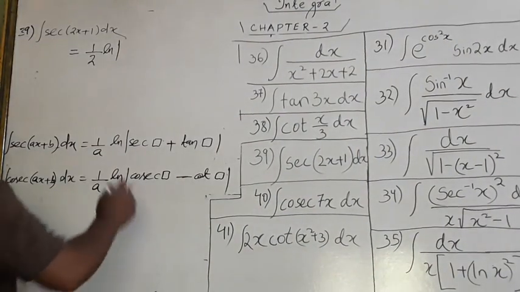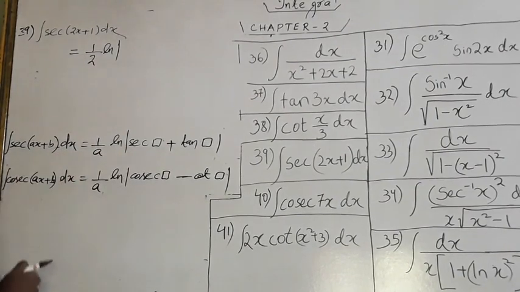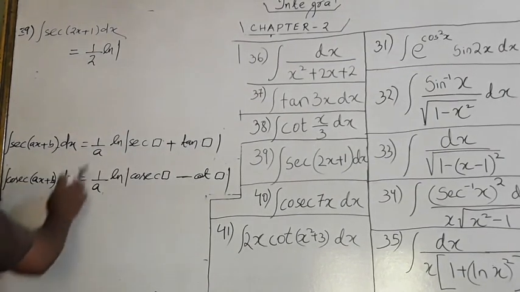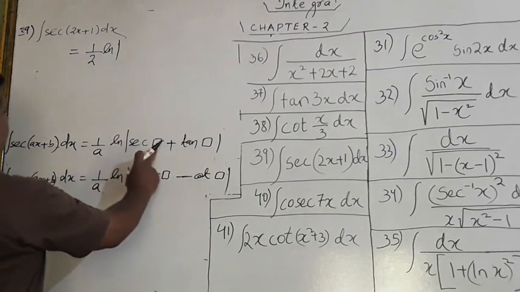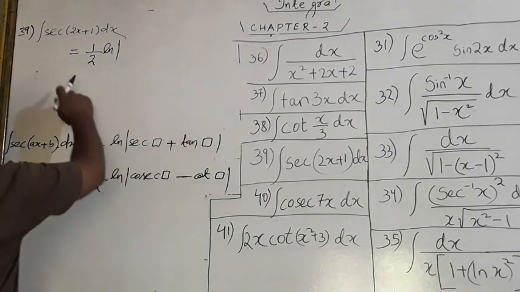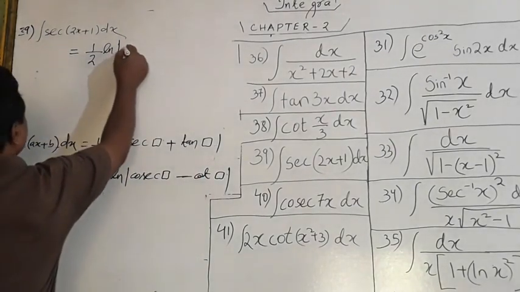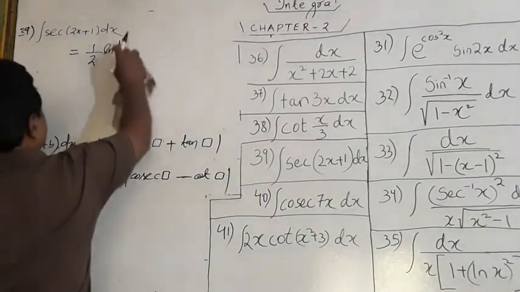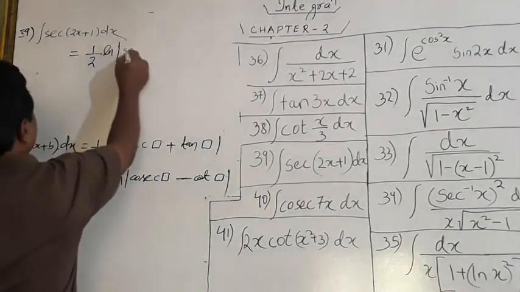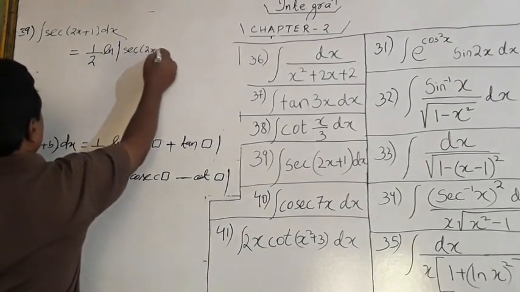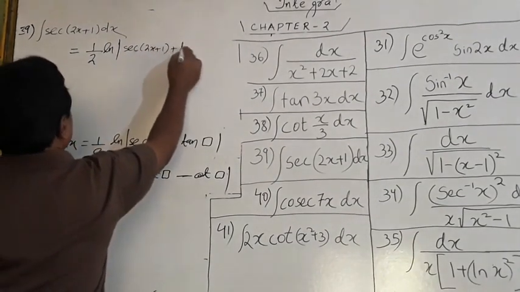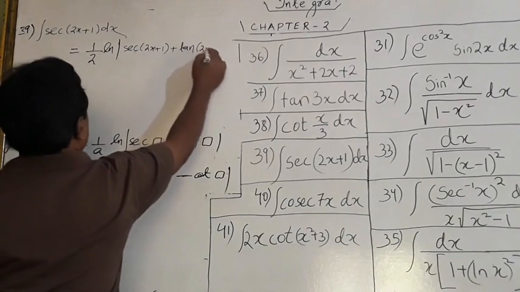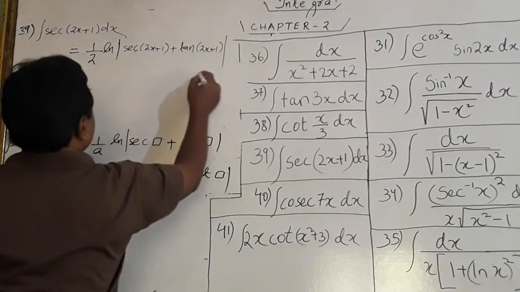You know the integration of sec(ax plus b) dx is 1 by a ln of sec(ax plus b) plus tan(ax plus b). So here it is 1 by 2 ln of sec(2x plus 1) plus tan(2x plus 1) plus c.